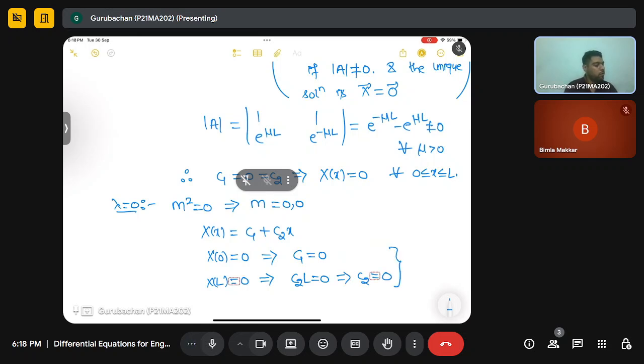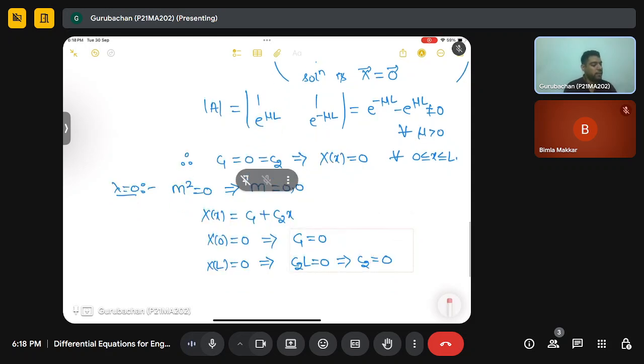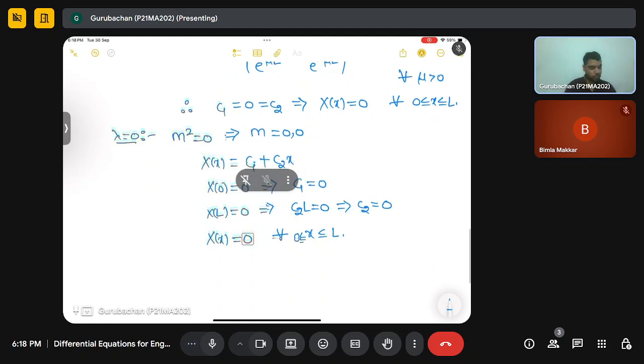Again, from these you can say X of x is 0 for all x between 0 and L. So from here we can say neither lambda greater than 0 nor lambda equal to 0 are eigenvalues of the given Sturm-Liouville system. Now we are left with the case lambda less than 0.